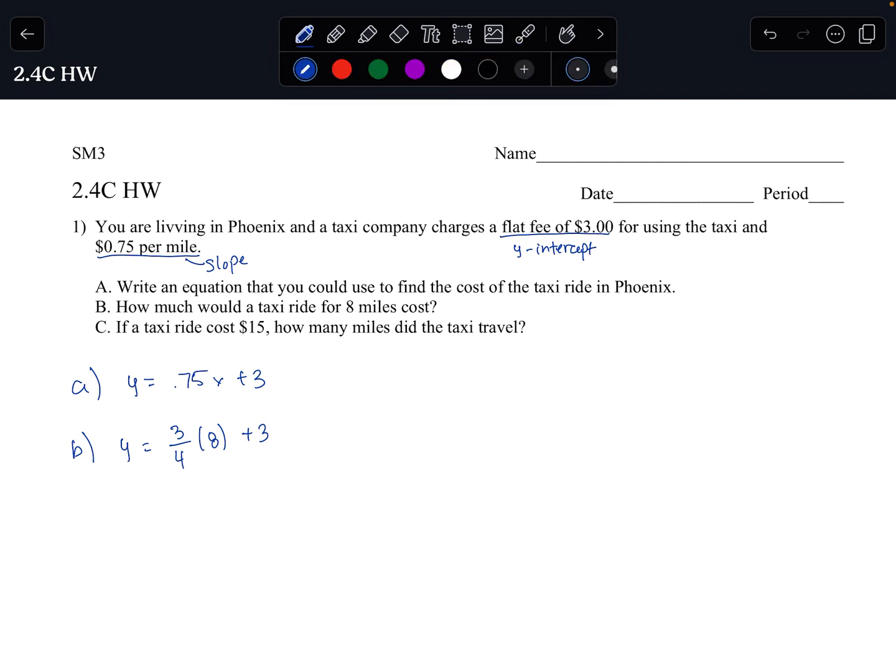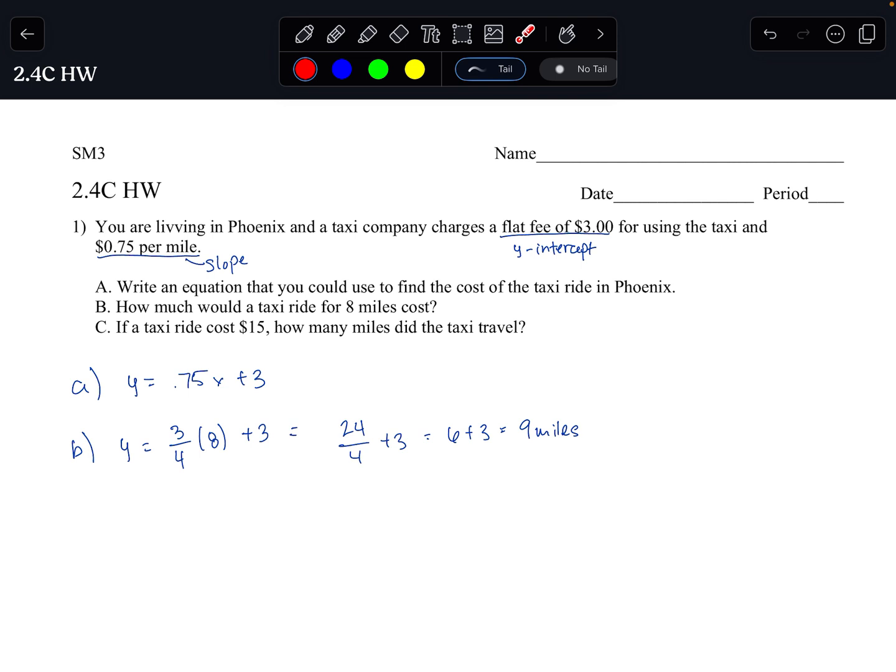That's going to be the same thing as 24 over 4 plus 3. 8 times 3 is 24, and then 24 divided by 4 is 6, so 6 plus 3, and that's going to be 9.